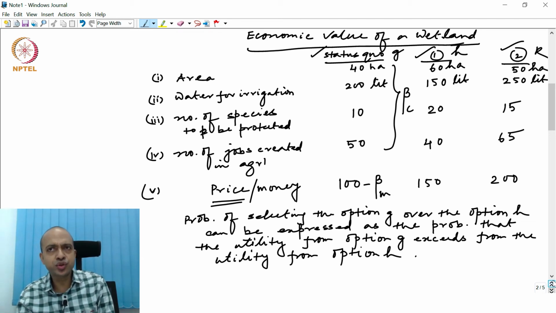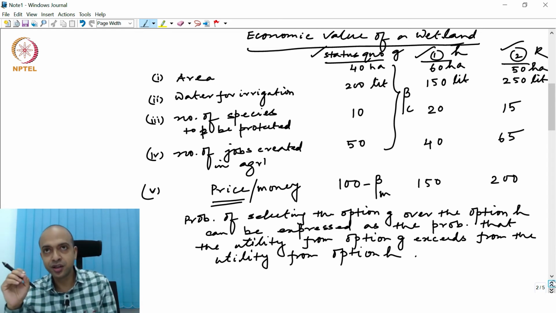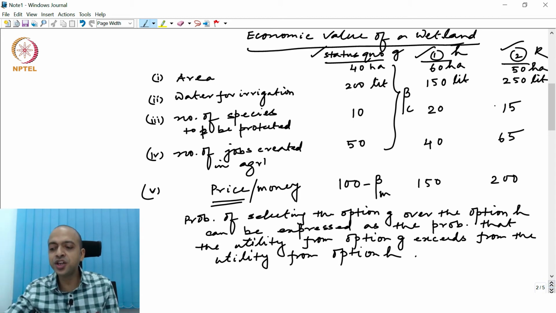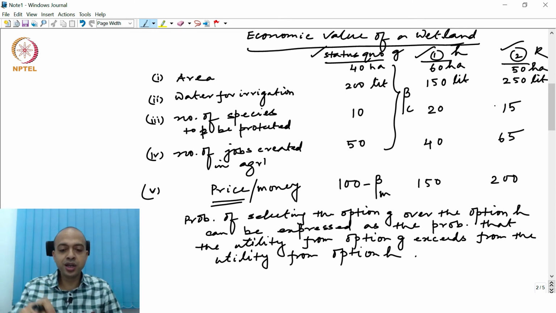How many attributes are you going to use to describe the product? There is no guide, no one is going to help you. You have to carefully think about the optimal number of attributes. Similarly, no one is going to tell you what would be the level for each and every attribute. So optimality should be there in terms of the number of attributes, and in terms of the level you attach with each attribute.